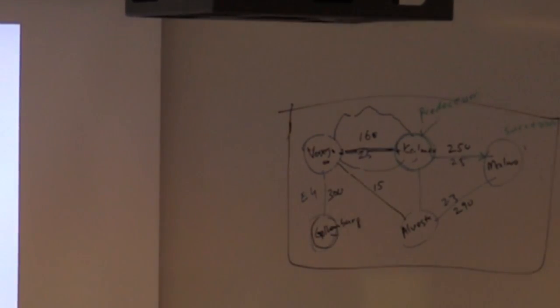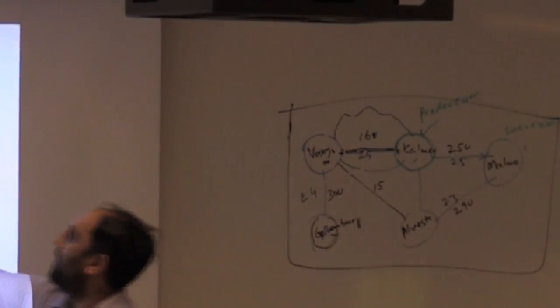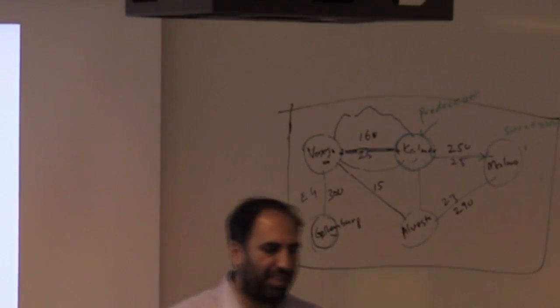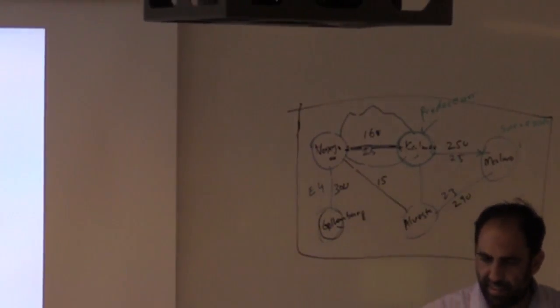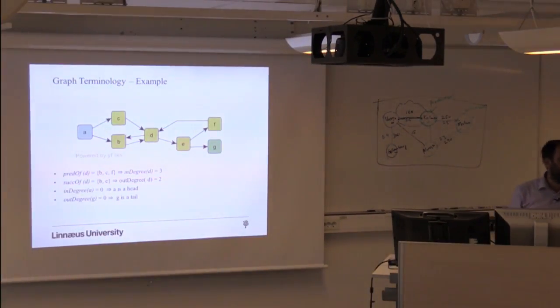And how about the tails? Which nodes are the tails? The tail means that there should be no outgoing edges. G, yeah. So we only have G. If we remove this edge from F, then F will also become a tail node.